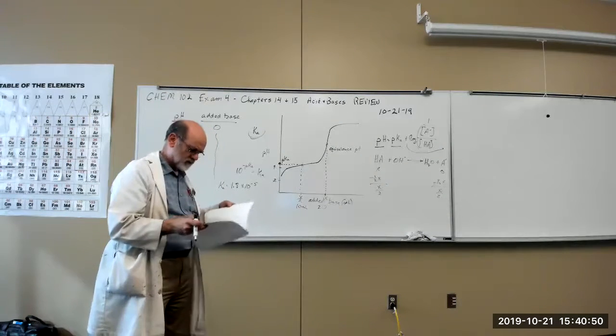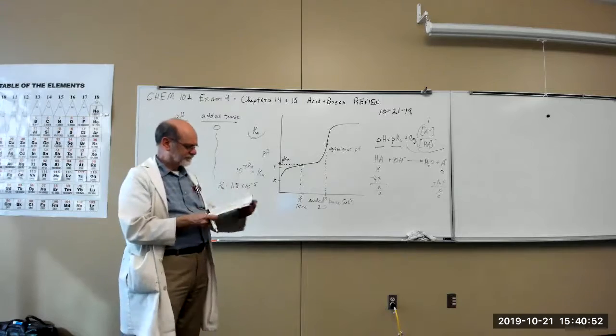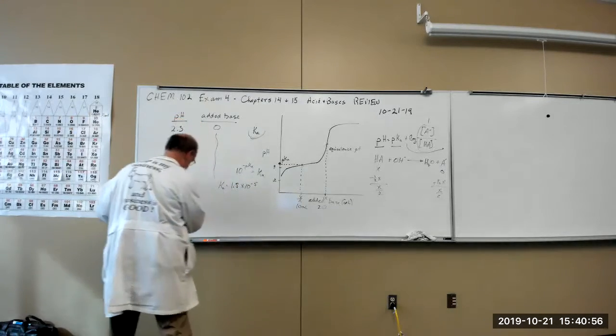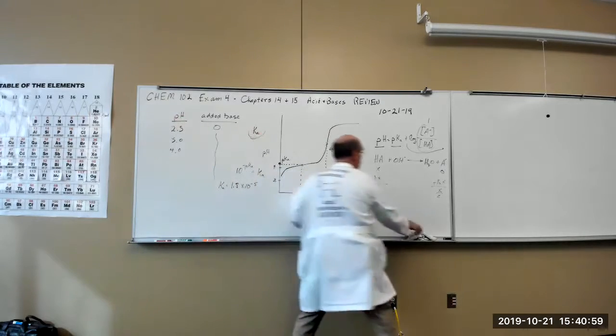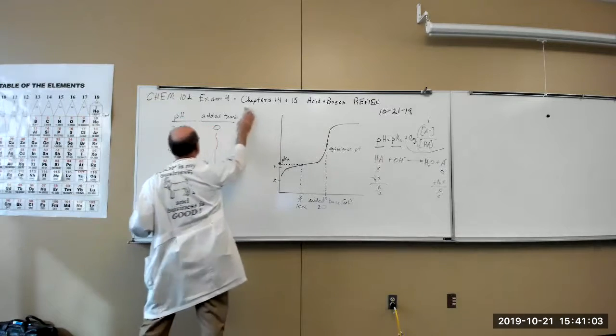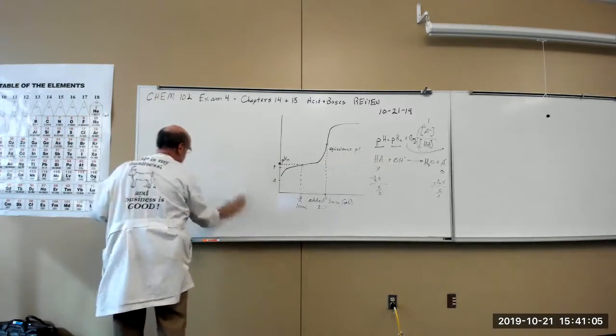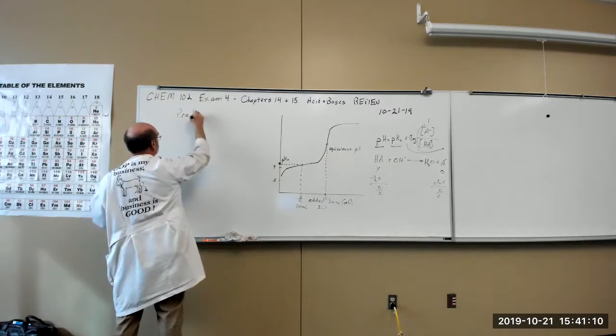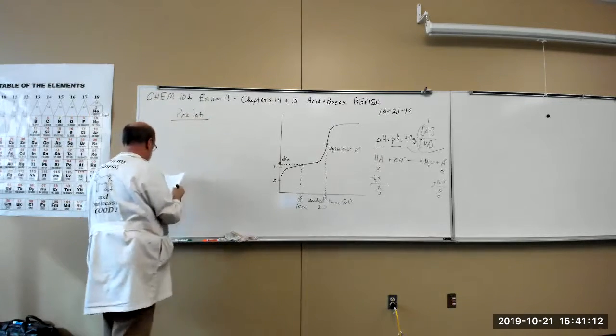Let's discussion. Pre-lab. Okay. We can erase the left-hand side pretty easy without disturbing the rest of it, in case we need it. So these are the pre-labs. First one.